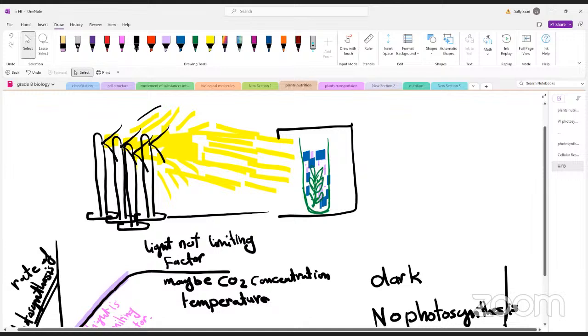I added one lamp, photosynthesis started to occur. I added two lamps, it became faster. Three lamps, faster and faster. After that, I'm adding more lamps, no more increase in the rate. So the plant is oversaturated with light. Give me anything else if you would like to increase the rate. You understand this part?